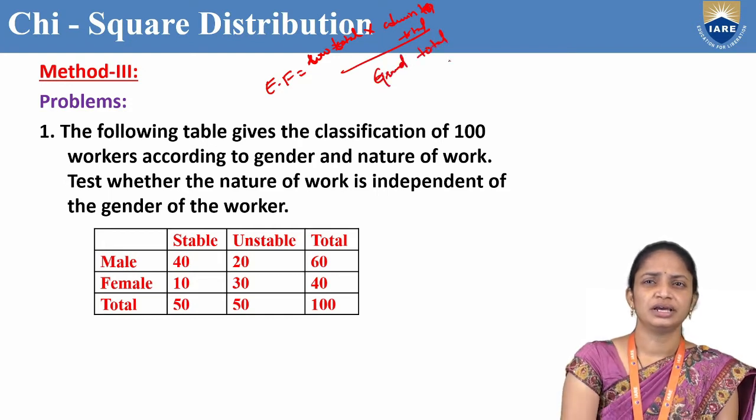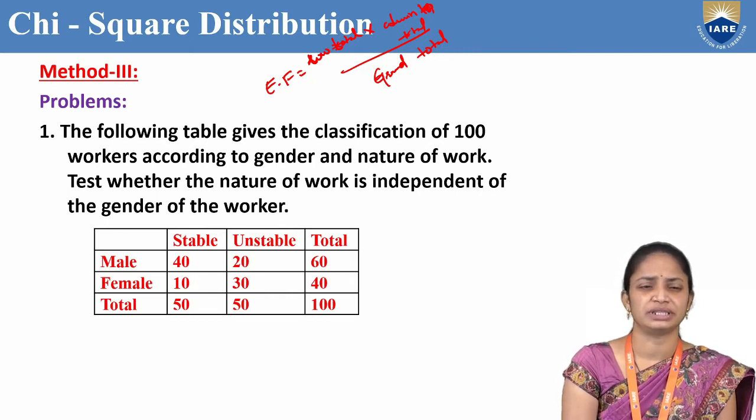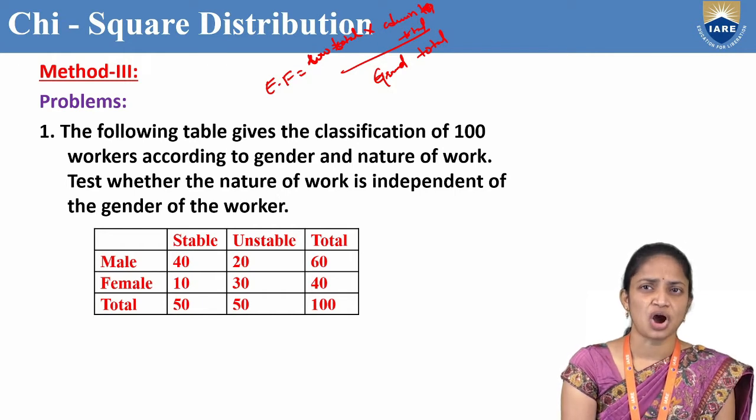That is our method 3. Here we have the first problem: the following table gives the classification of 100 workers according to gender and nature of work. Test whether the nature of work is independent of the gender of the worker.